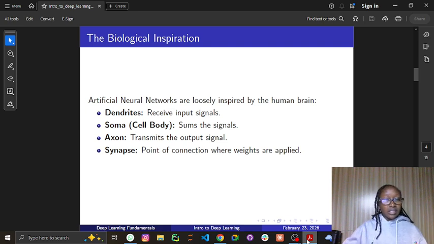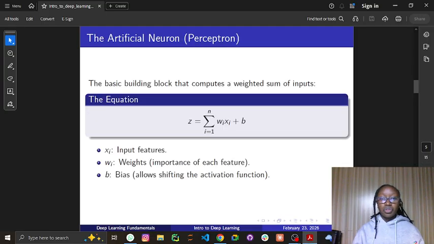So basically, it's the human brain translated into computer language.